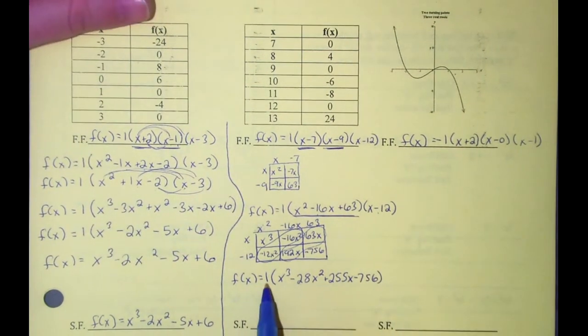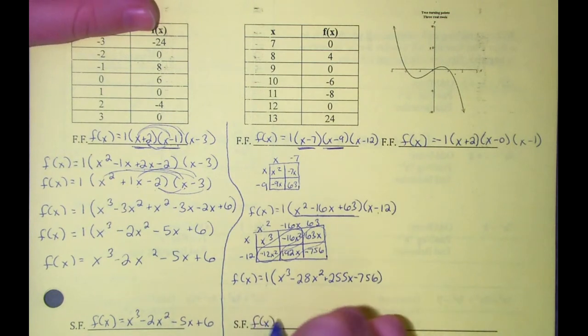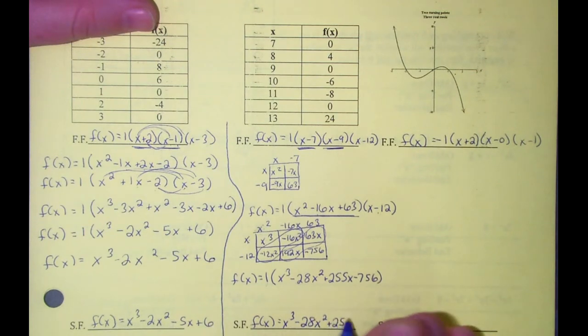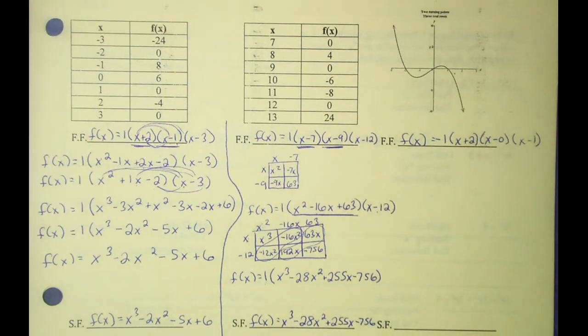And when I multiply all those by this 1, it all just stays the same. So I end up with x cubed minus 28x squared plus 255x minus 756.